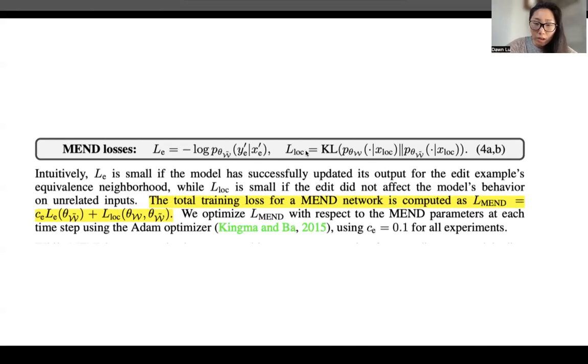The second part of the loss is a KL divergence term, which tries to preserve the model's behavior on unrelated inputs, like prompts that are unrelated to the specific fact that we want to edit. The total loss is the combination of these two loss functions.